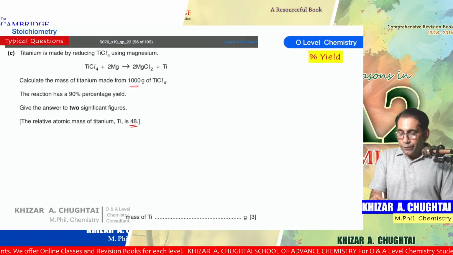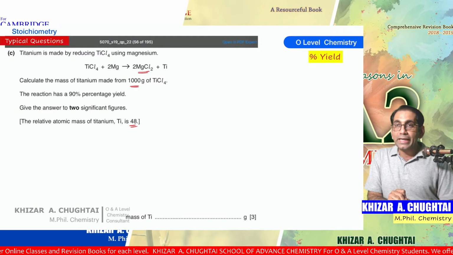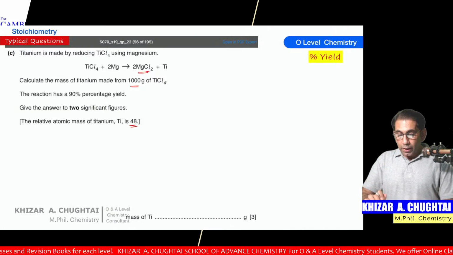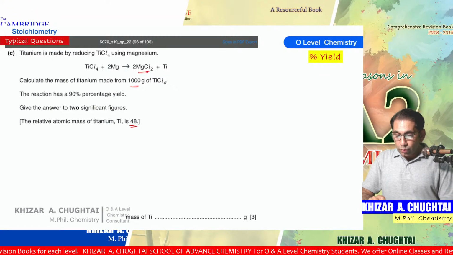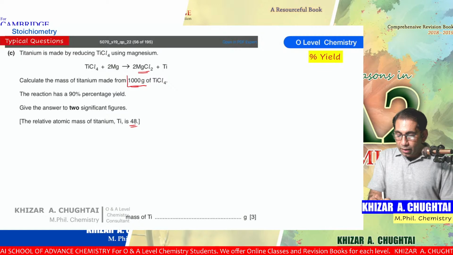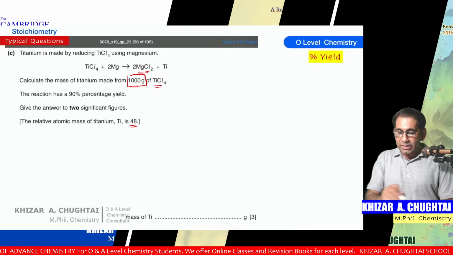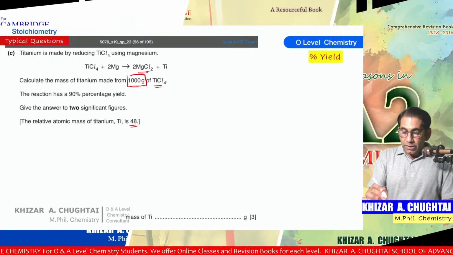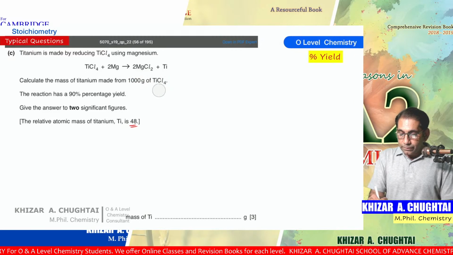So in this case, we are going to find this with respect to percentage yield, and in this case we are going to use 1000 gram of TiCl4, not MgCl2, sorry for that.